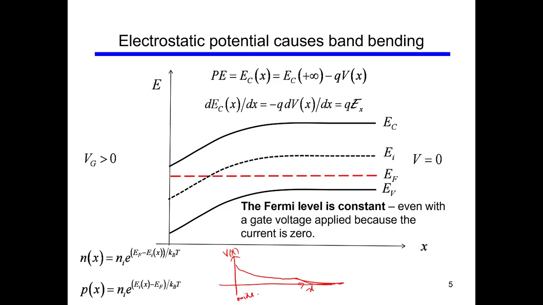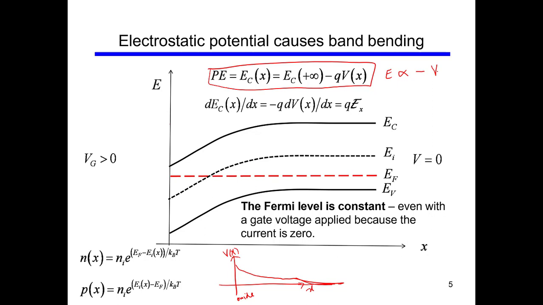So what happens to our bands is this, that each of our bands is basically proportional to the negative of the applied potential.